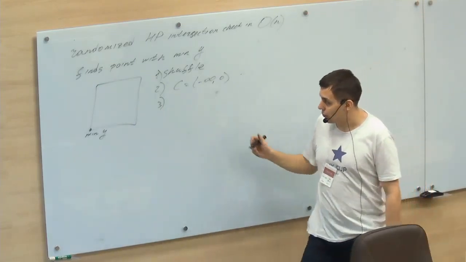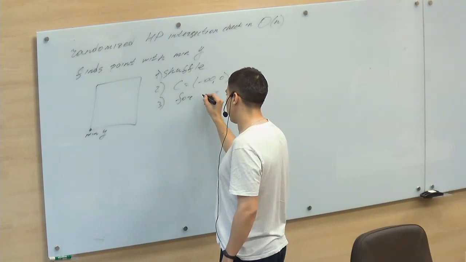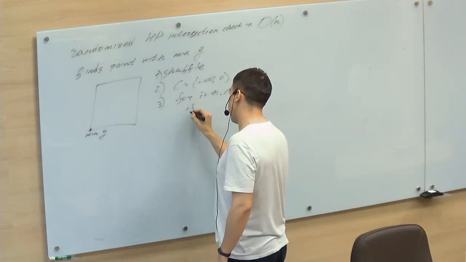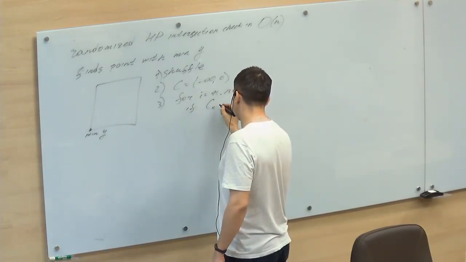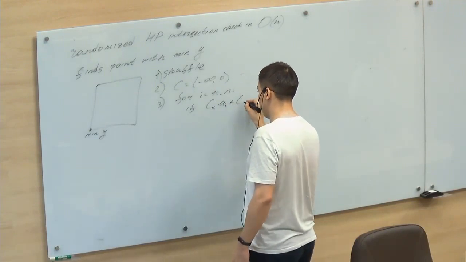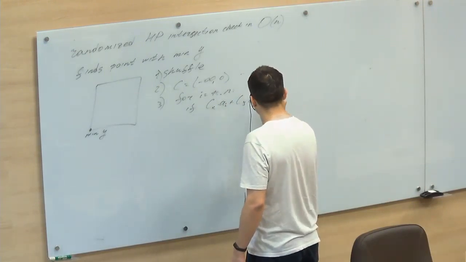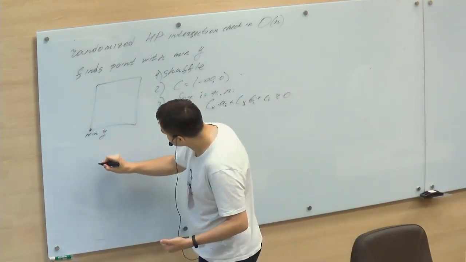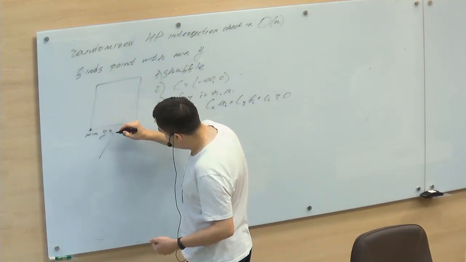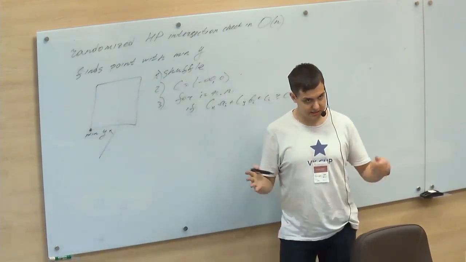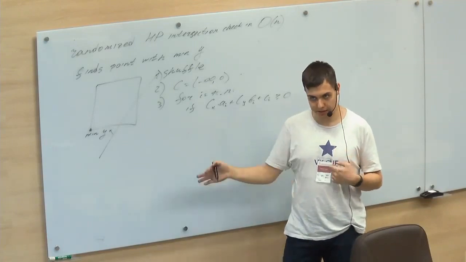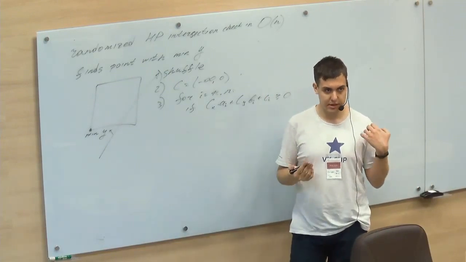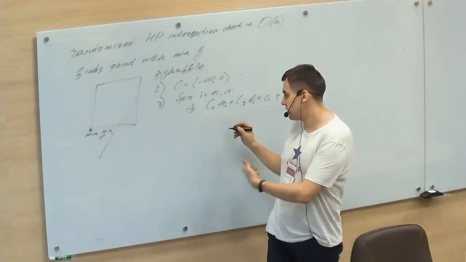We'll try all half planes one by one. We check if Cx Ai plus Cy Bi plus Ci is greater than or equal to 0. If this point is on the correct side of this line, then as before, we don't need to do anything, just continue.